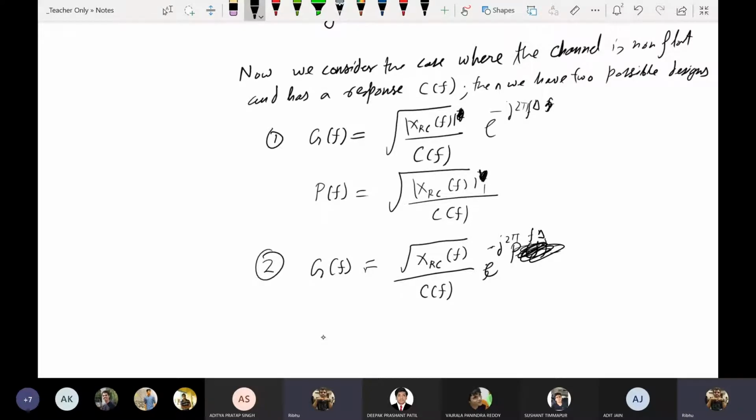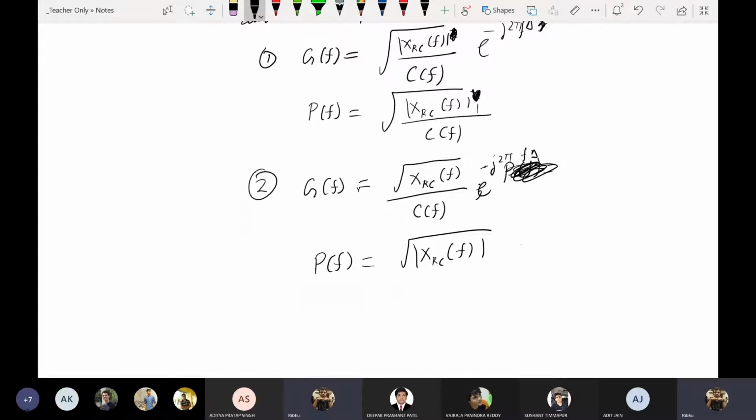This and P(f) is fine. Both of these, the receive P(f) will be the matched filter. Fine. Any guesses on which one will we use?